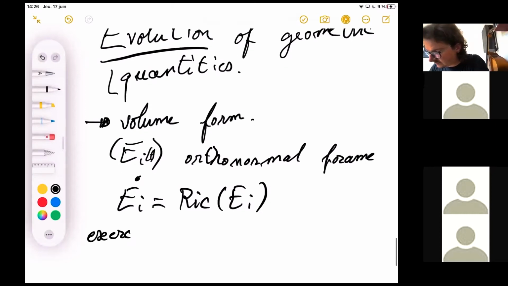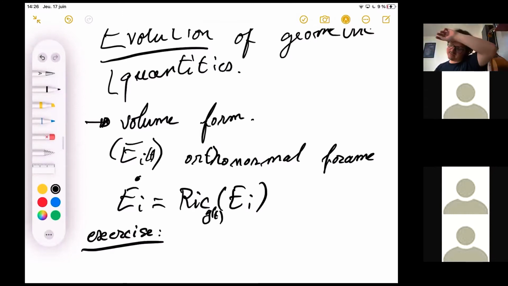Exercise. So that's Ricci with respect to g(t), with an index raised, so maybe Ricci sharp if you want.